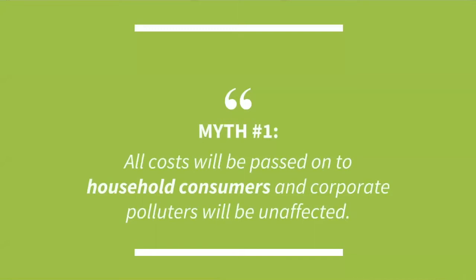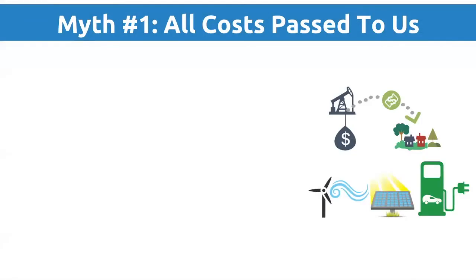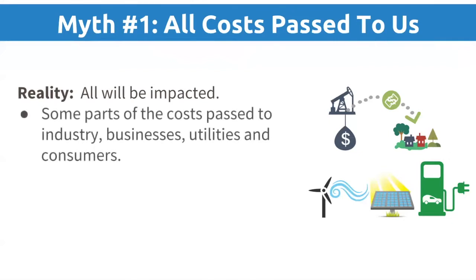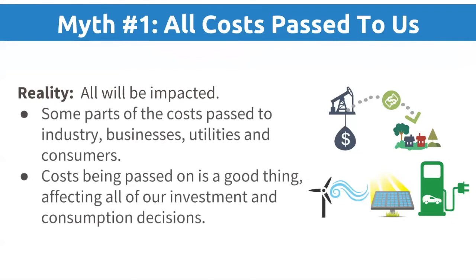The impression given is that polluters can continue business as usual with a carbon fee. In fact, the carbon fee affects all industry, businesses, governments, utilities, and consumers. All investment and consumption decisions are affected. Most industries have to absorb some of the rising input costs and also pass on some of them as well.